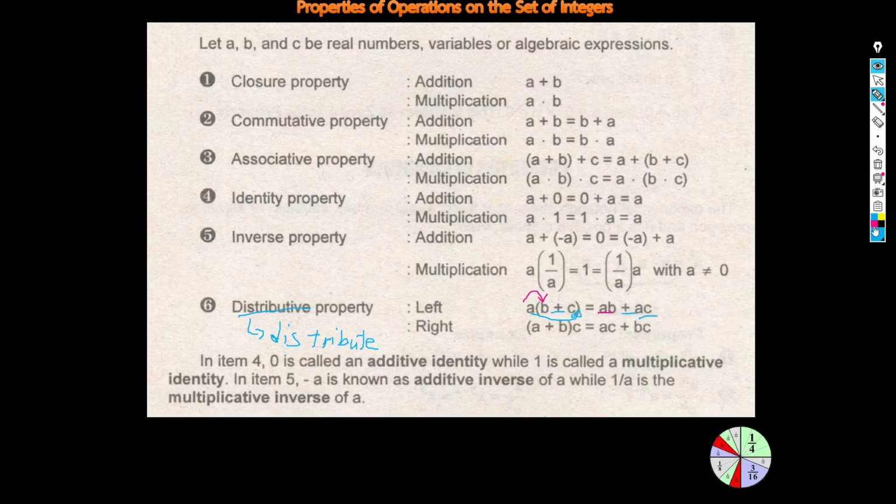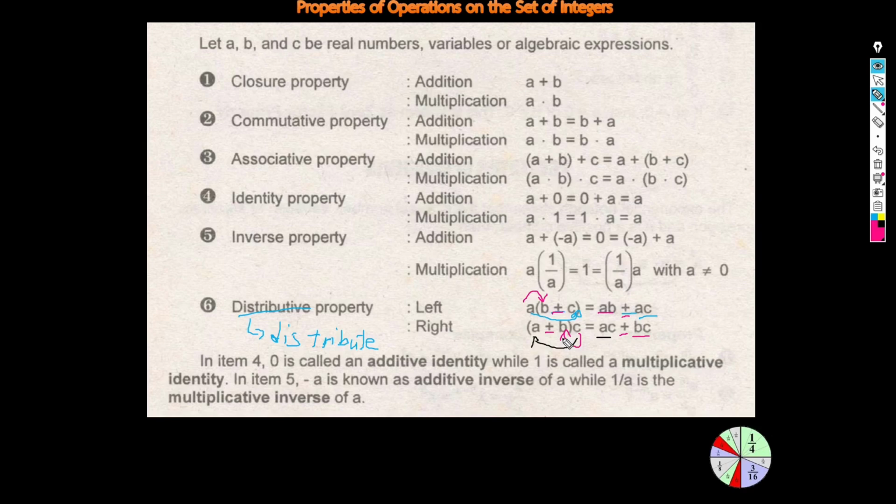Just the same with the one here, c multiplied with a will give you an ac, and c multiplied to b will give you a bc. So there's a plus in between because the operation being used is plus, but if the operation being used is minus or subtraction, you can use minus.